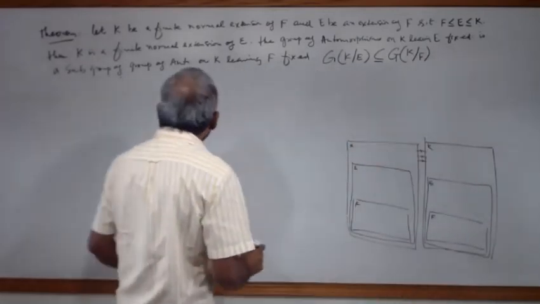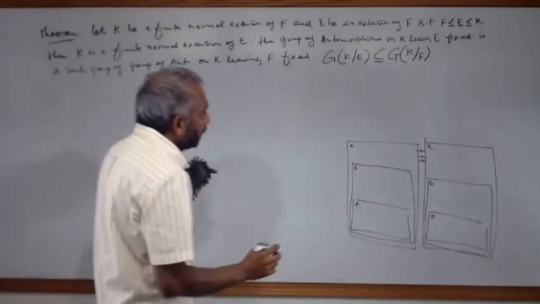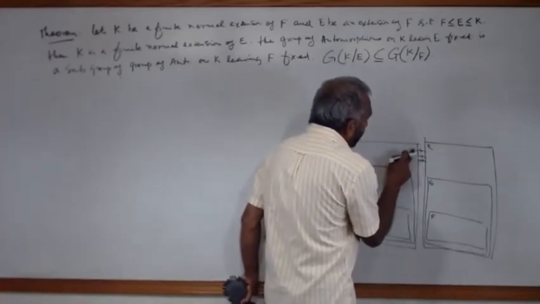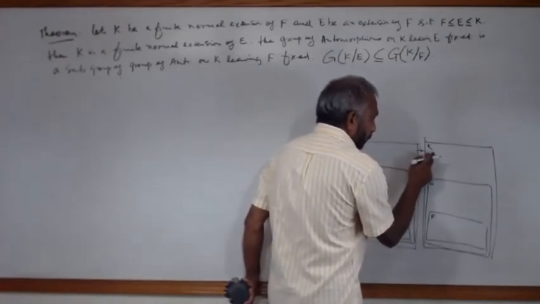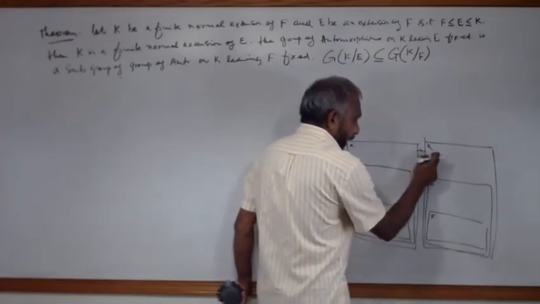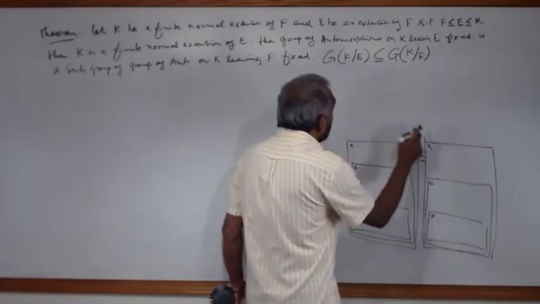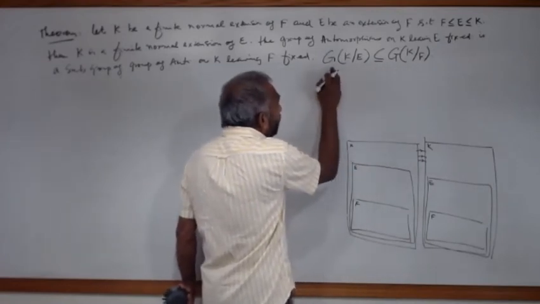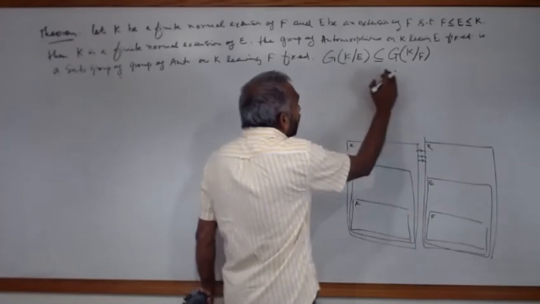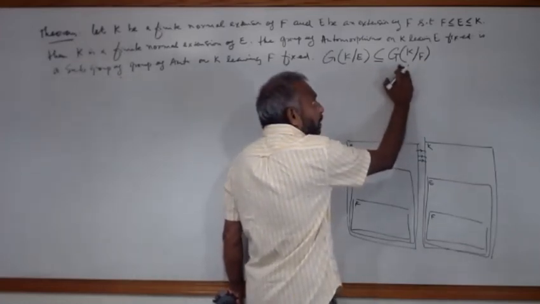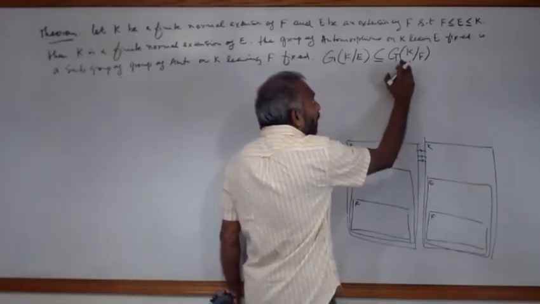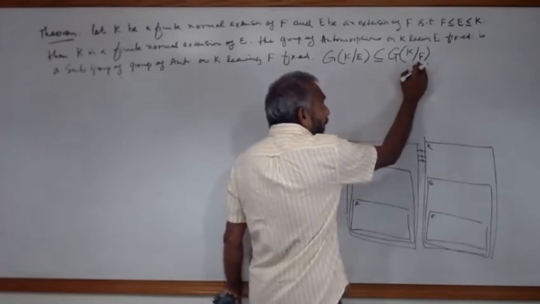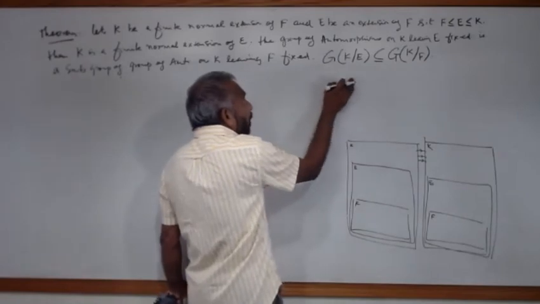Now the third part is when you map automorphisms from K to K. See, this is a subgroup, meaning there are some automorphisms in G of K over F that are not automorphisms here.